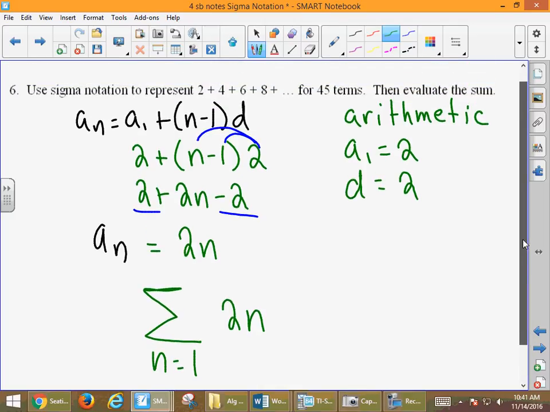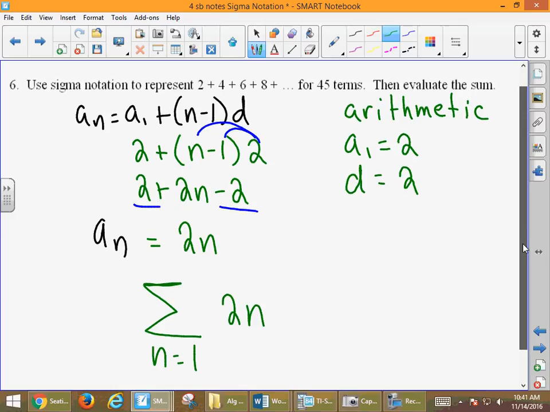And the difference on this problem is it says use sigma notation to represent this for 45 terms. Here's the 45. We didn't have to figure it out this time. So finally here, we need to evaluate the sum. Well, because we started with 1, our n is 45.